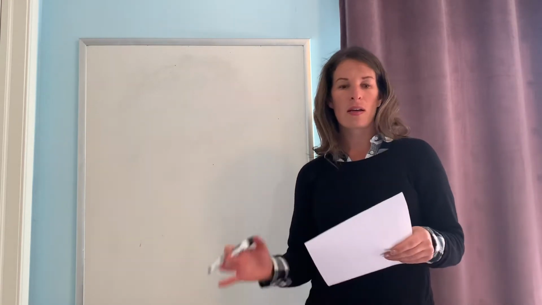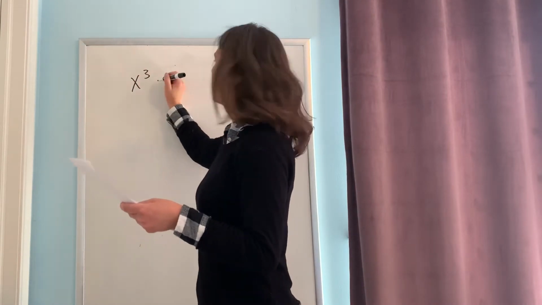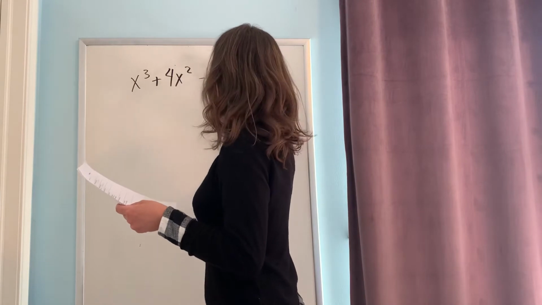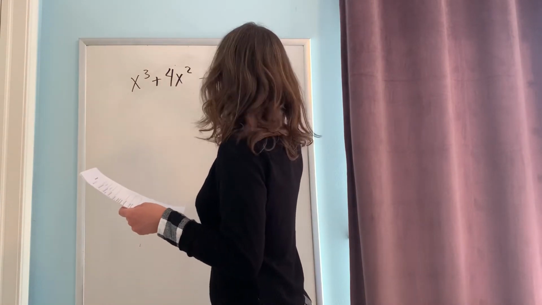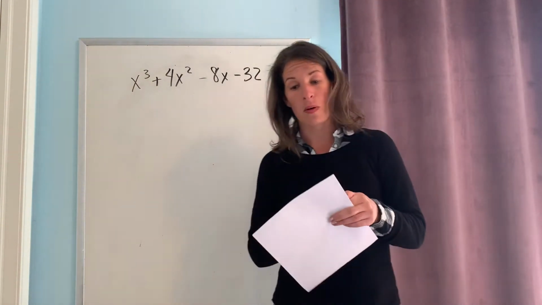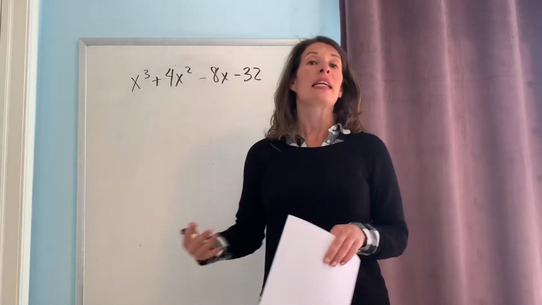And we are in your notes, I have x cubed plus 4x squared minus 8x minus 32. Okay. So the first thing we do is we determine if there's a greatest common factor in each term.